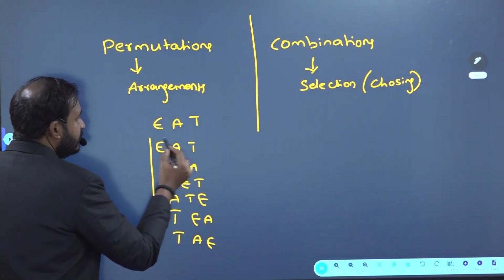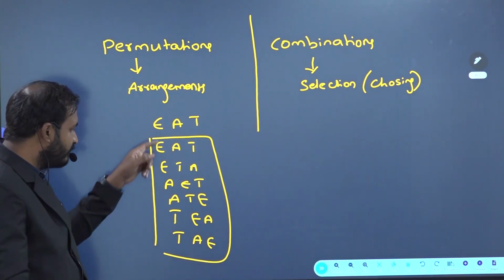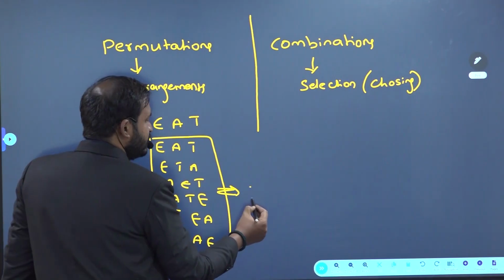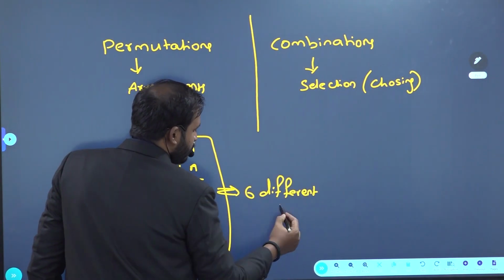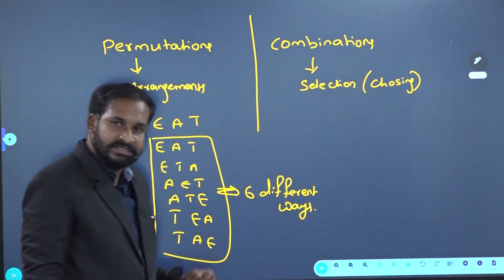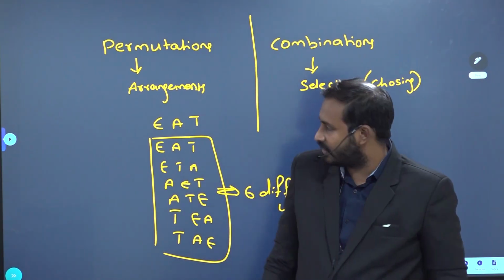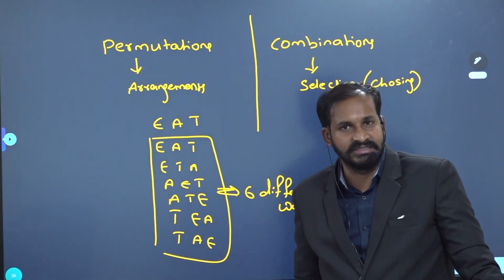So we can write in these many different ways. The letters of the word eat can be arranged in 6 different ways. So this is called permutations. As this is a 3-letter word, there is no problem for us. We simply wrote all the possible arrangements, counted them, and wrote our answer as 6.